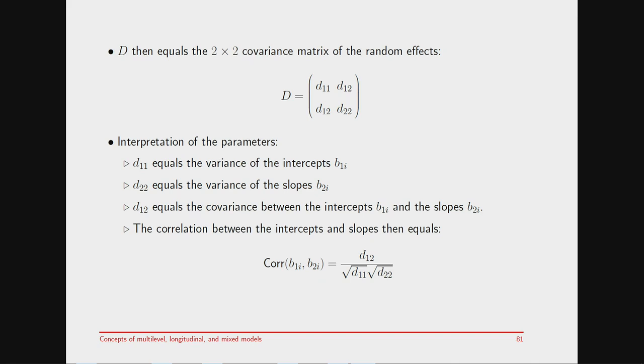And then you would be interested in testing whether D12 is equal to 0. Because if D12 is equal to 0, it means that your rate of change is not related to your starting value, and that your random intercept and your random slope are completely independent of each other. But if the two are correlated, it means that your starting value will tell you something about how you evolve. And in some cases, that's really a key hypothesis of interest. People are really interested in that.